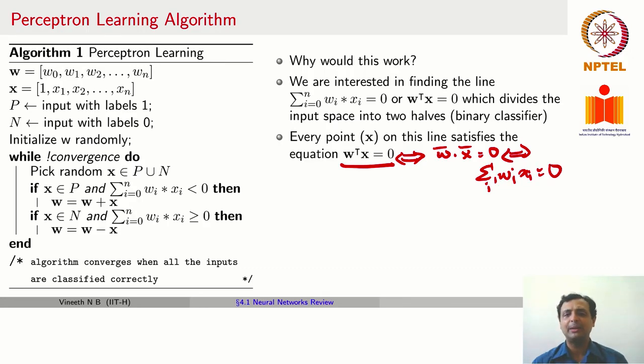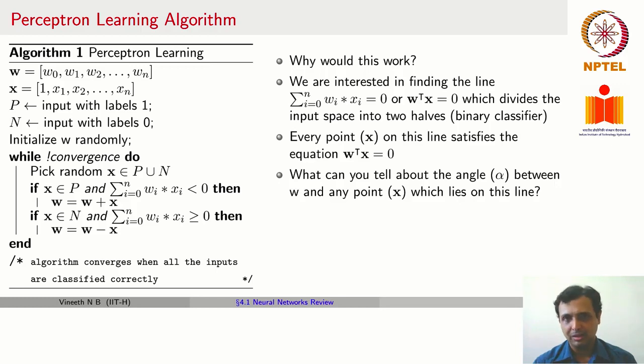Okay? This is something that we'll keep interchangeably using for the rest of this course. But please keep in mind that whether we say w transpose x or w dot x or summation wi xi, all of them mean the same thing. We know now that every point x on that line has to satisfy the equation of that line, which means w transpose x has to be 0.